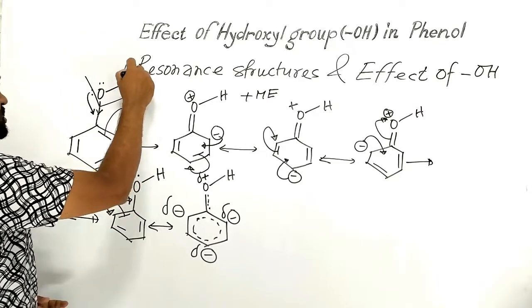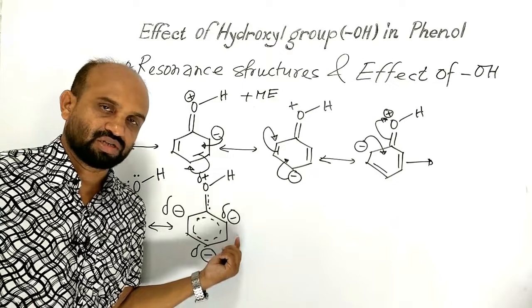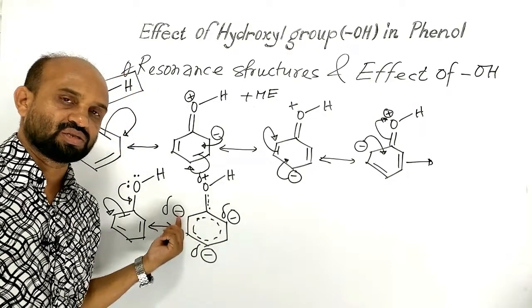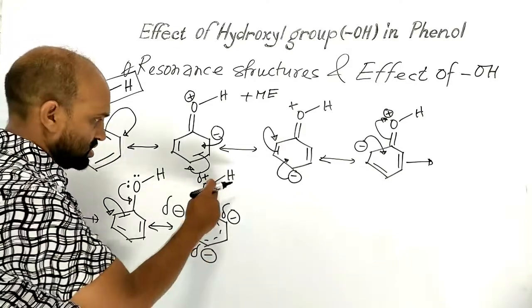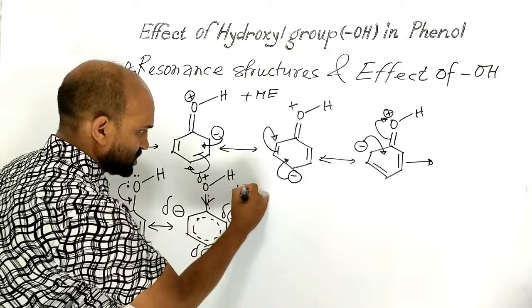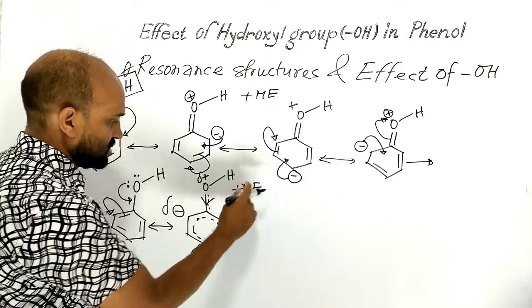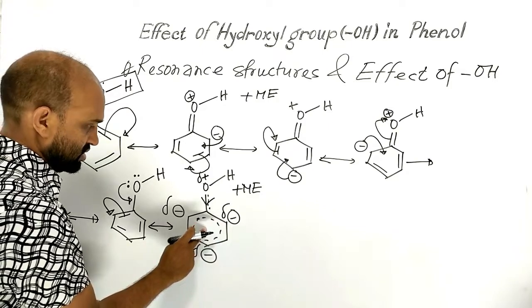Hydroxyl group increases electron density at ortho positions and at para position. That is, hydroxyl group through positive mesomeric effect increases electron density in benzene ring.